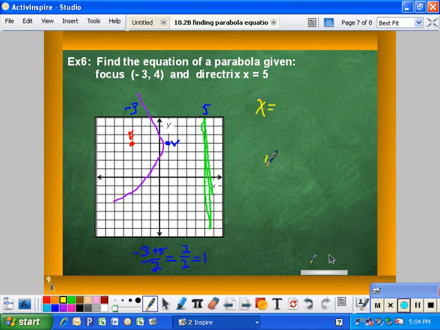And let's go ahead and find our A. A equals, now how many do we have between the focus and the vertex? Be very aware of what you're doing here. And so we have this distance right here, 1, 2, 3, 4. So 1/4 times 4 gives me 16. 1/16. And it's opening to the left, so that's a negative. That's a -16.